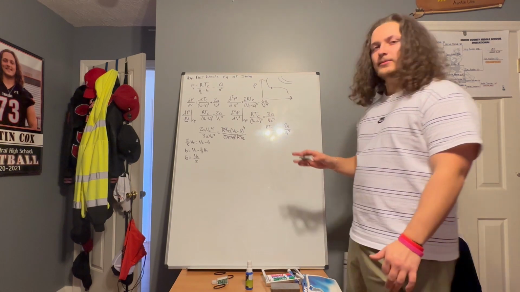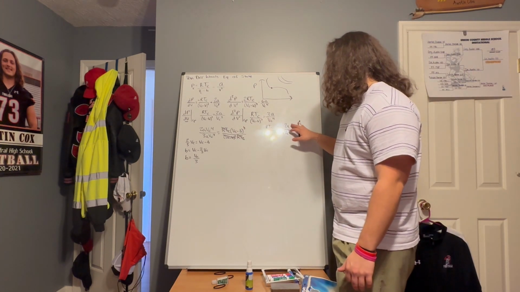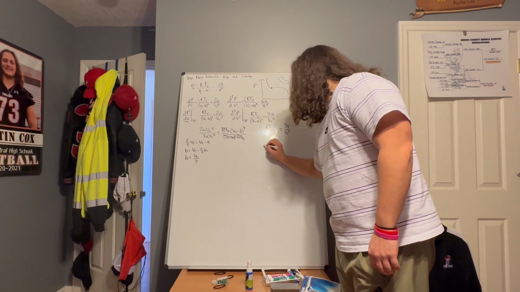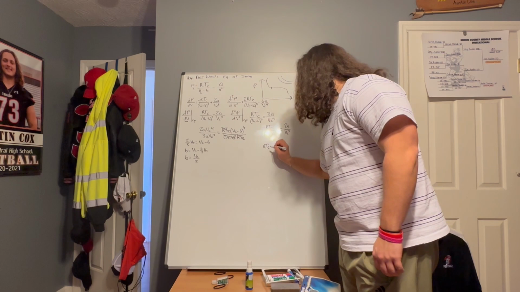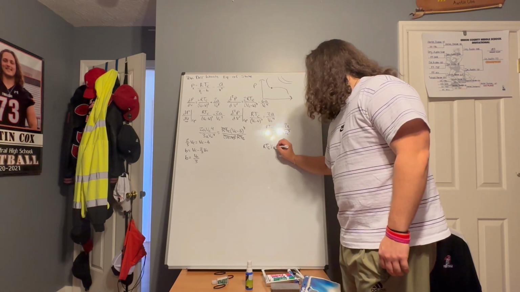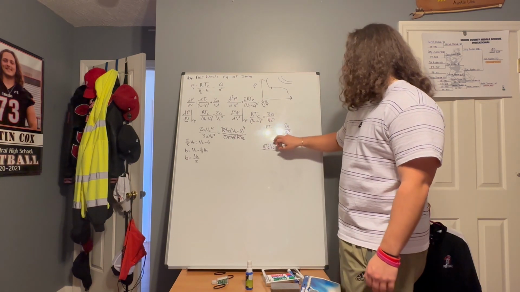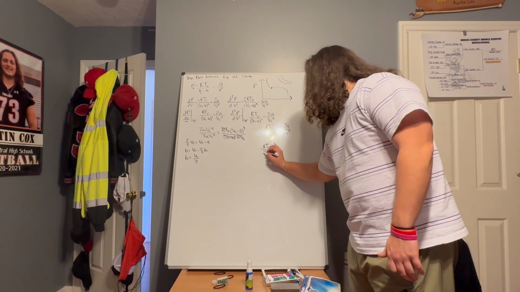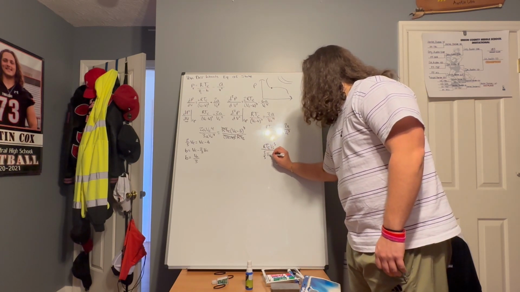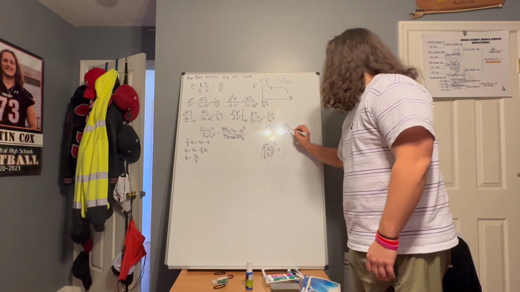From here we can do some simple algebra to further evaluate and solve for our a value. We multiply by VC cubed over here, and VC minus VC over 3 gives us 2/3 VC, squared, equal to 2a.